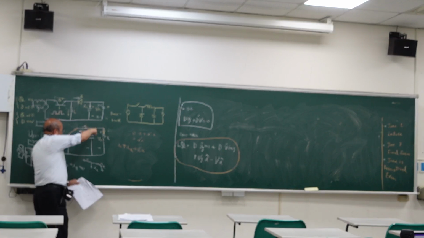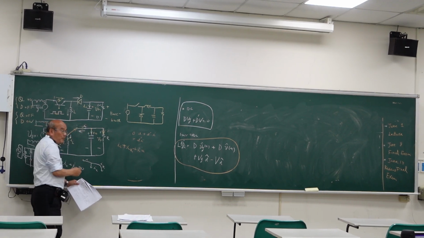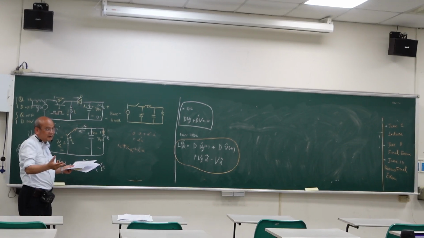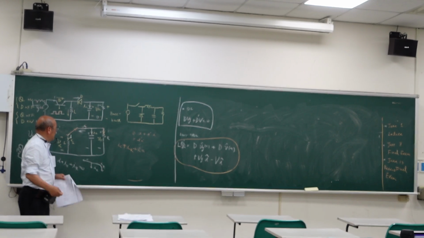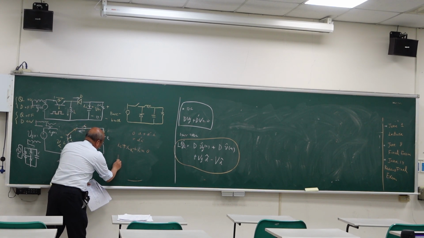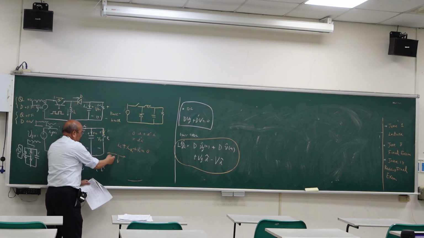IC plus IR plus I equal to 0, because this is one point. From this point, total current is what? 0. This is the basic idea. So if you have current go here, current go here, current go here, then the summation is 0.